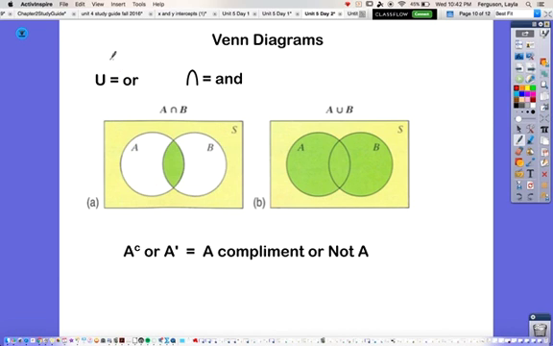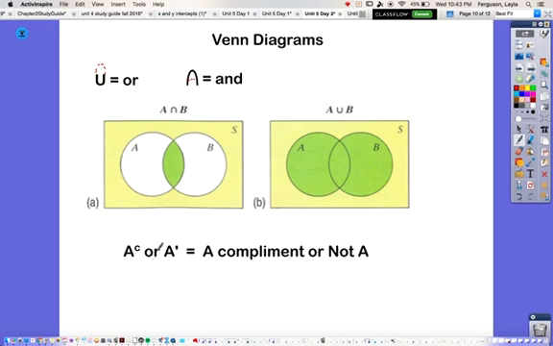One way that you might remember that is I could connect this over to make an O, and I could connect this across and make an A for "and." So the probability of A and B would be the stuff that was in the middle, where they overlapped. And the probability that it's A or B is anything that's in the A circle and anything that's in the B circle.